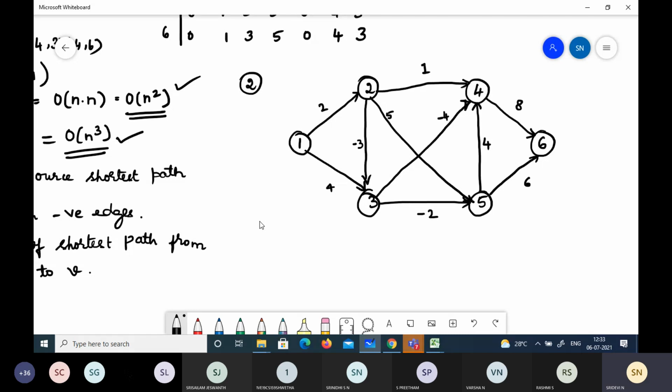So when it is a complete graph, the time complexity becomes n cube. If it is not a complete graph, then obviously it will be n square.